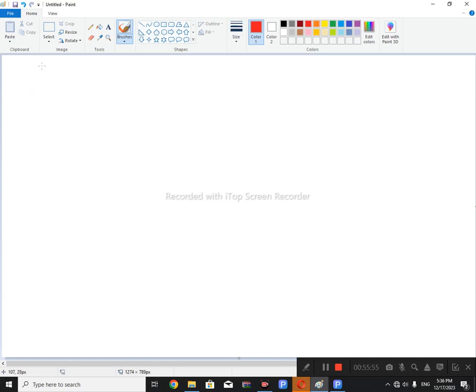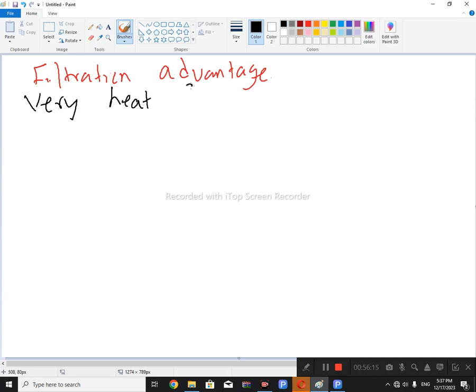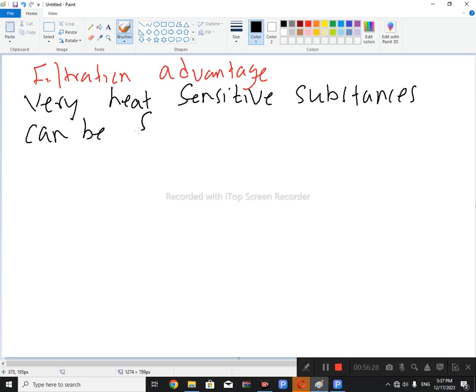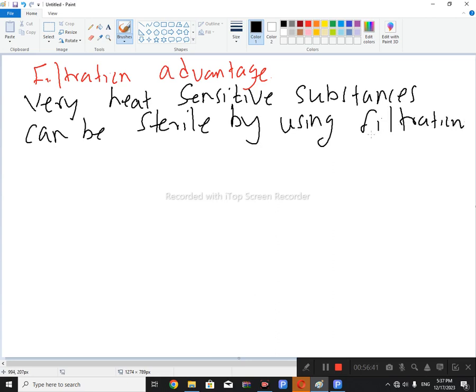Advantages: heat sensitive substances can be sterilized by using filtration.